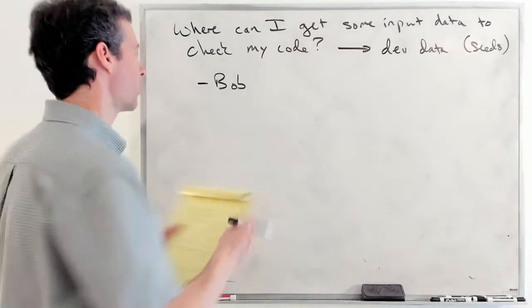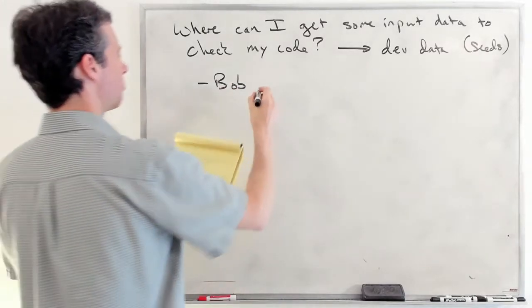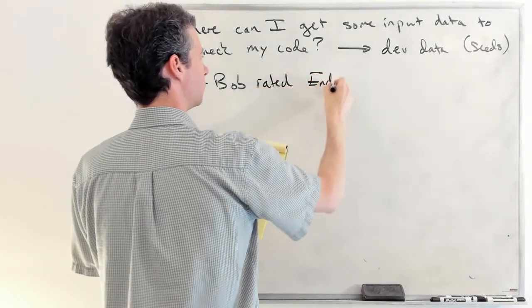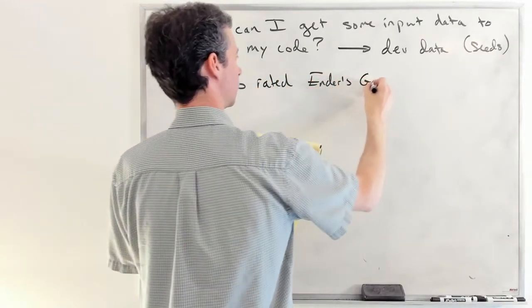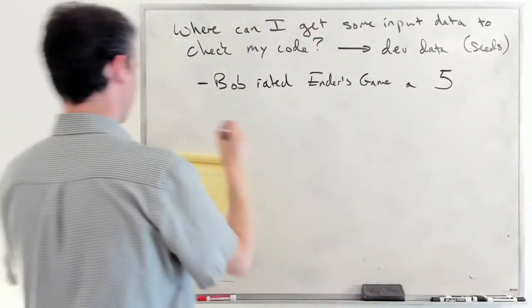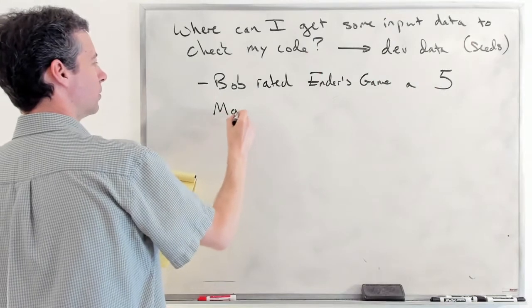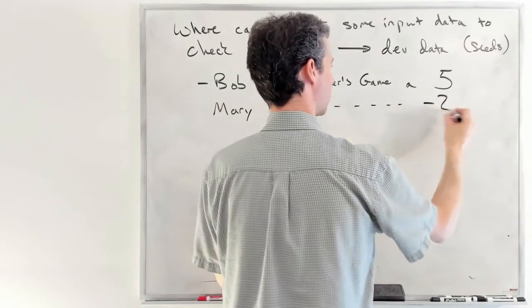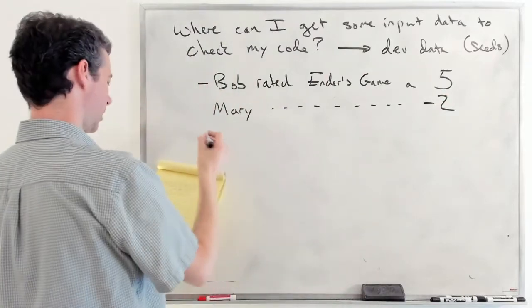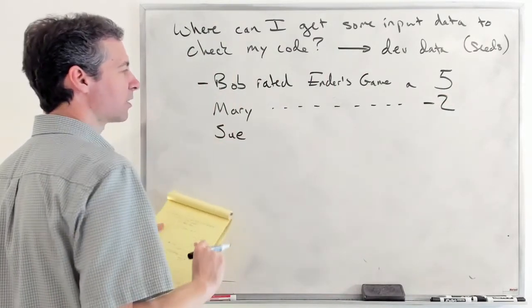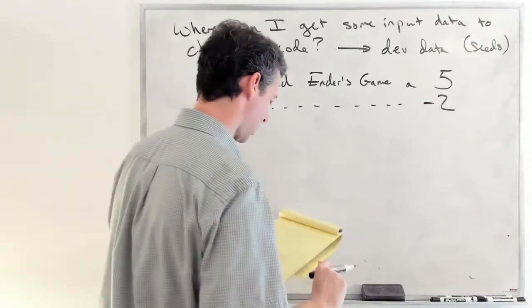All right. So anyway, we know that in that seed data, Bob rated Ender's Game a 5. And then we also know that Mary did the same thing, but with a -2. She must not like it; there's lots of stuff maybe she doesn't like in it.